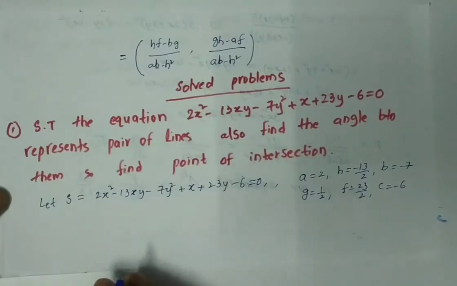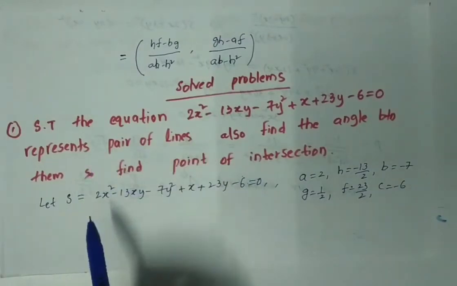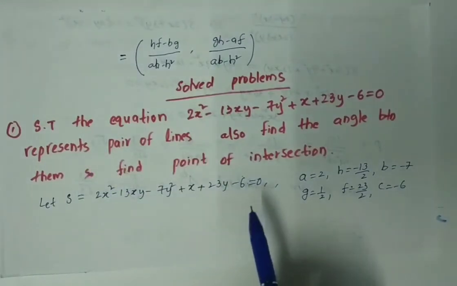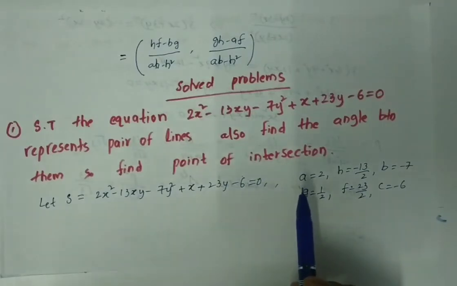Okay, so now we have to show that the given equation, that is s is equal to 0, represents a pair of straight lines.